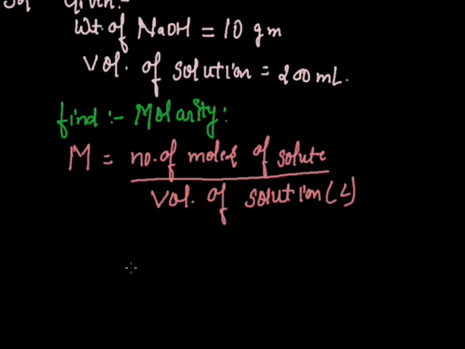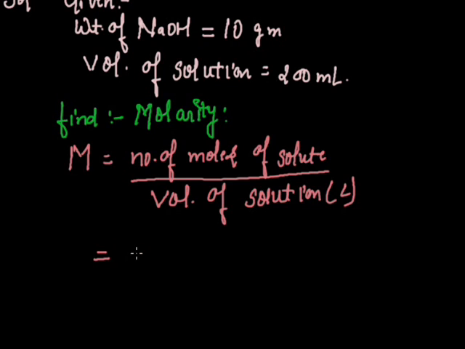But in the question, the weight of NaOH is given. As we know, the number of moles of any substance is equal to its weight divided by its atomic mass in case of an atom, but in case of a molecule it is equal to the molecular mass, and in case of a formula unit it is equal to the formula mass.